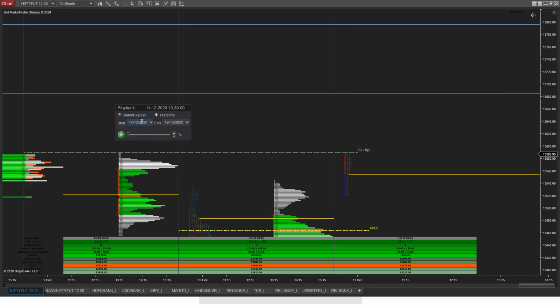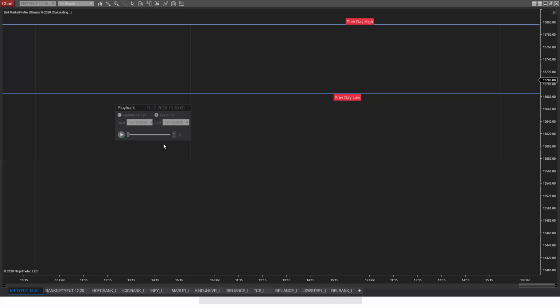I'll select it and click on play. You should be able to see the activity from 10:30 onwards. It is calculating. Any minute you should be able to see the charts.